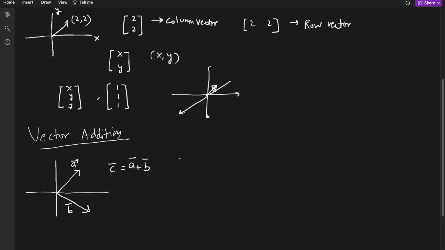Okay, so the way we add vectors, there are two interpretations to it. One is this arrow interpretation. What we do is we take the first vector as it is, this is the vector a, and we move this b vector such that its tail is at the tip of the a vector, something like this.